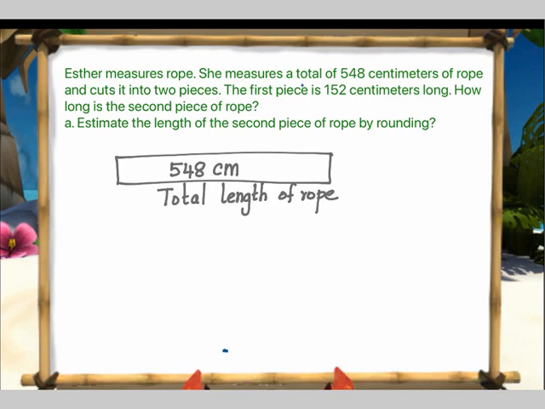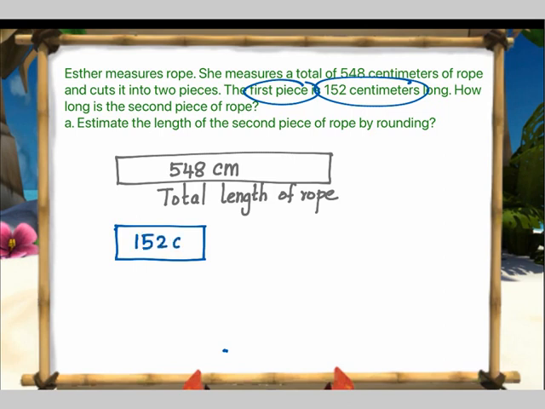And the first piece of rope is 152 centimeters. So let me draw the first piece of rope. So that is the first piece of rope.